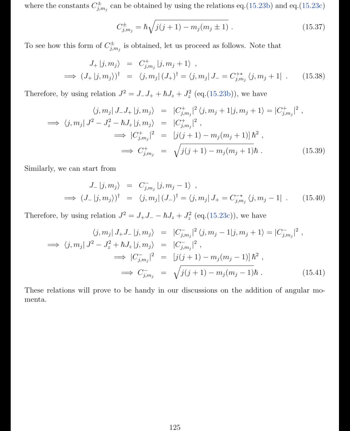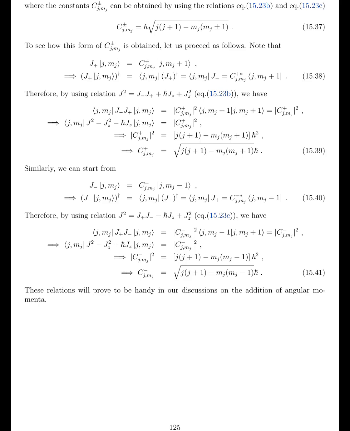But we know that j plus dagger is actually j minus. So that's the operator acting on the bra. By definition, that should give rise to the complex conjugate of this coefficient, times the raised bra.